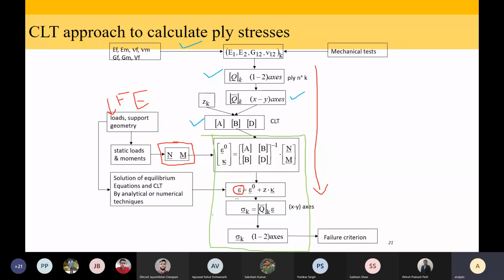Do you understand the entire flow chart, or should I repeat right from the beginning? Can I go to the next slide?